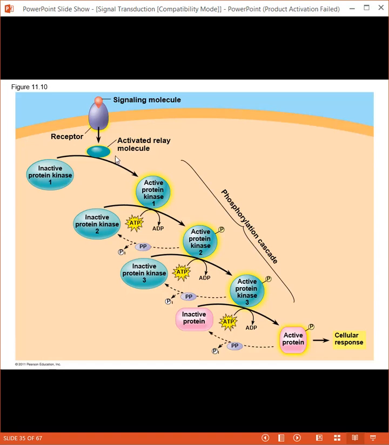So this is a chain reaction. You can see it's a long step. One by one molecules can be activated, and ultimately the effector molecule inside the cell will be activated, which ultimately generates the cellular response. So this pathway is termed a phosphorylation cascade.